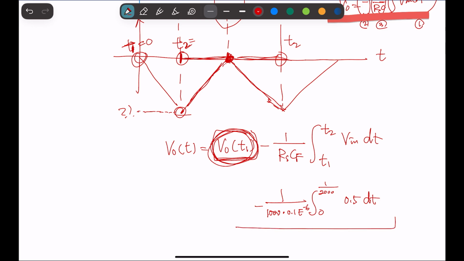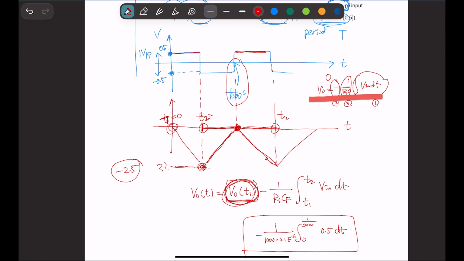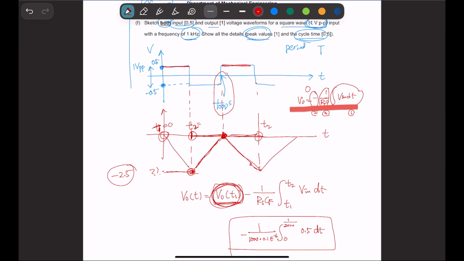So if you solve this, we're going to have a value at this point. Okay, so if my memory was correct, we have something like minus 2.5 or something like that. Alrighty? Okay. Any questions about this point?